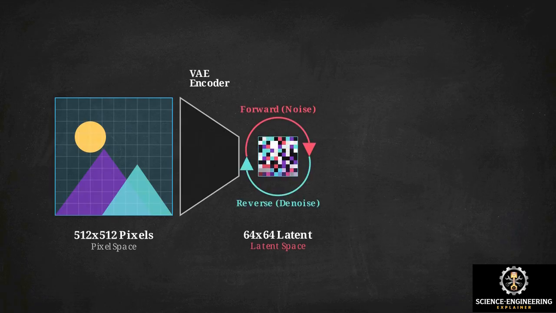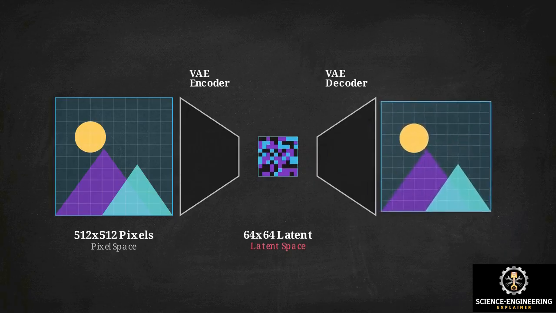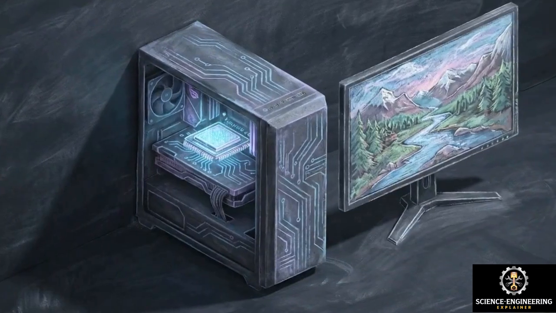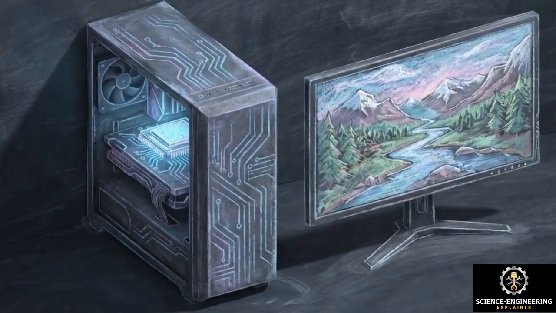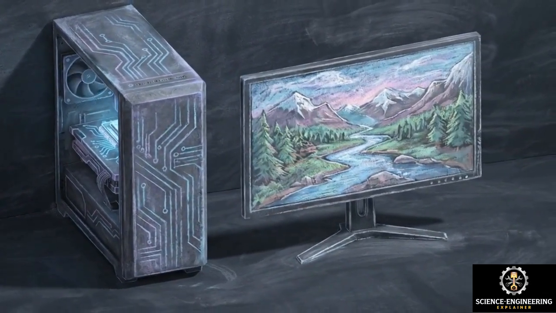The computationally heavy forward and reverse diffusion processes run exclusively inside this smaller space, before the VAE decoder expands it into a full-resolution image. By marrying diffusion's mathematical stability with VAE compression efficiency, the industry unlocked the ability to run state-of-the-art generation on standard consumer hardware.